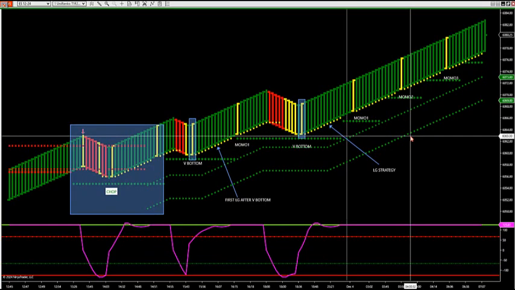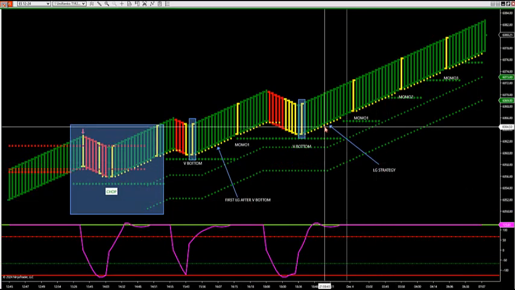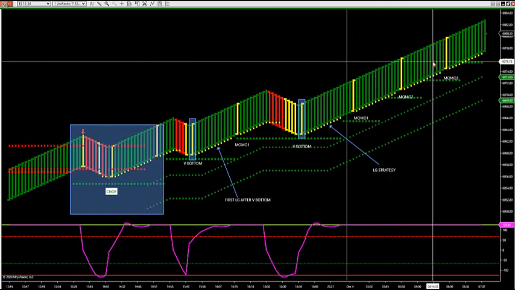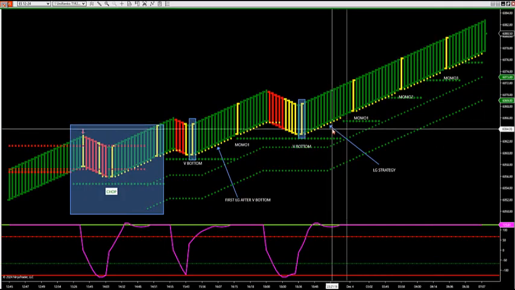But that's essentially the difference in the first liquidity grab after V bottom, and you're going to have multiple liquidity grabs on the way up. So you can let the liquidity grab trader trade multiple liquidity grabs, or you can let it trade the first liquidity grab.